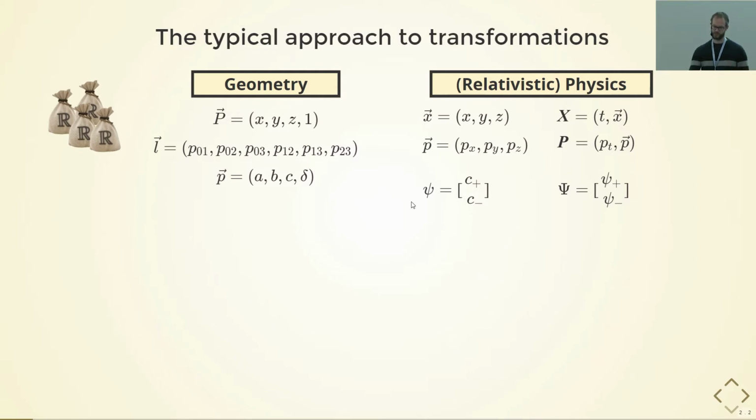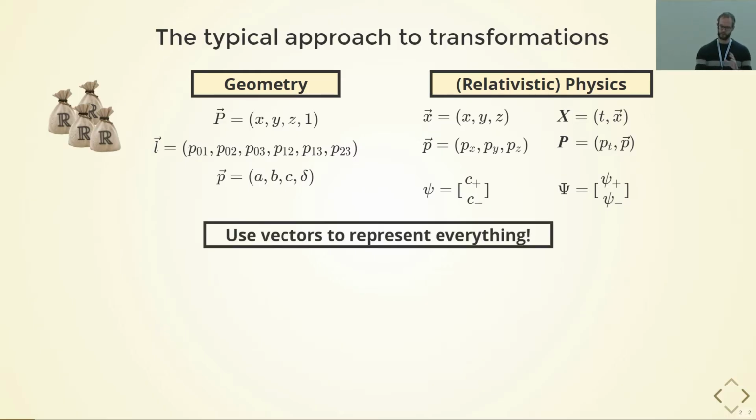And we also have these things called spinors, which are not vector quantities, but we always represent them with vector quantities, which is very confusing as a young physicist. So basically, classically we use vectors to represent everything. That's the point, right? We use vectors.